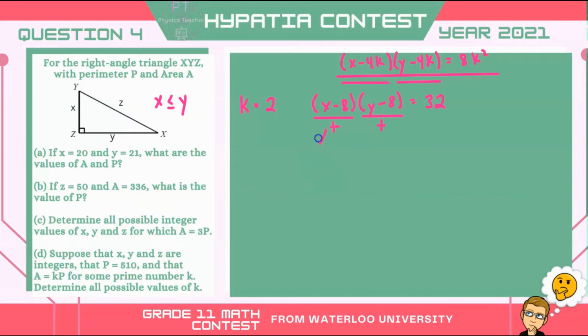That would mean that x minus 8 could have a value of 1, 2, or 4 in order to be a factor of 32. And that would mean y minus 8 would either be 32, 16, or 8, right? Because 1 times 32 is 32, 2 times 16 is 32, 4 times 8 is 32.